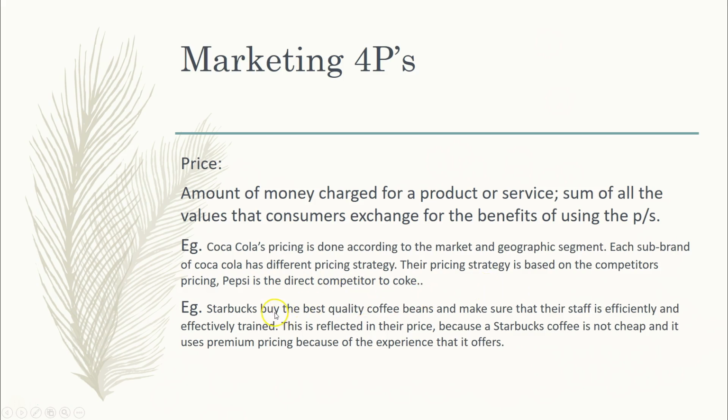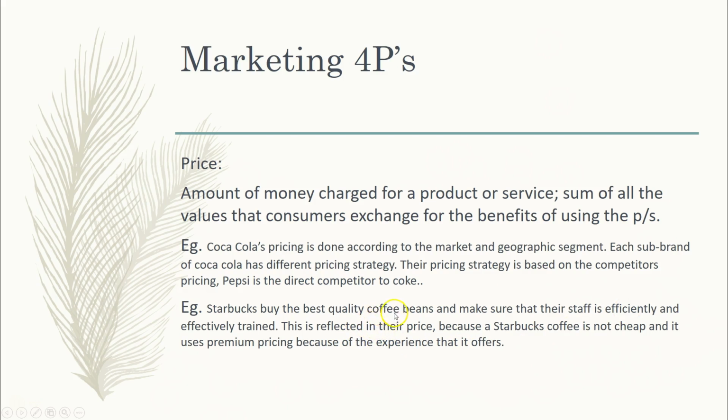Okay, alright, so looking at Starbucks. So Starbucks, as we already discussed in terms of product, they try to offer the best quality coffee beans. Also, they like to position themselves, and they are really invested in making sure that their staff is trained efficiently and effectively.